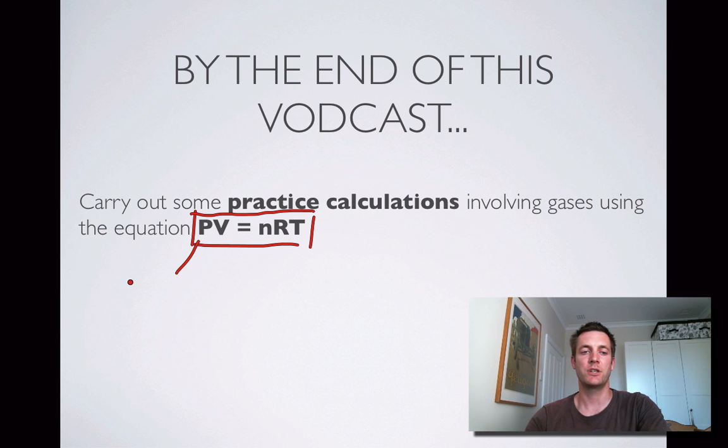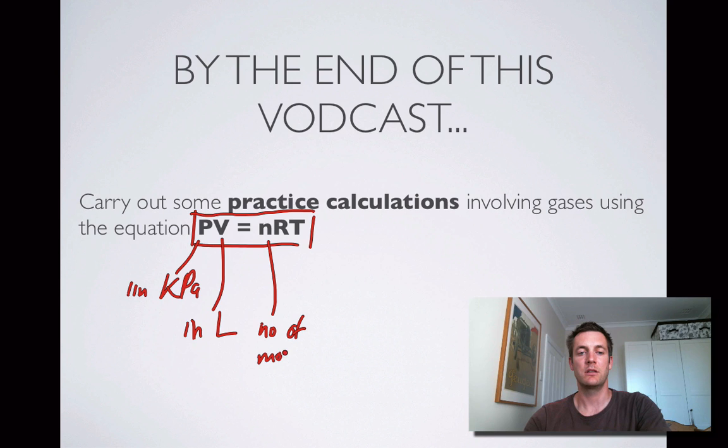So this is the pressure in kilopascals. This is the volume in litres. This is the number of moles, which we should be familiar seeing the symbol n for. This is the gas constant, 8.314. Don't try and remember that because it is on your data sheet.